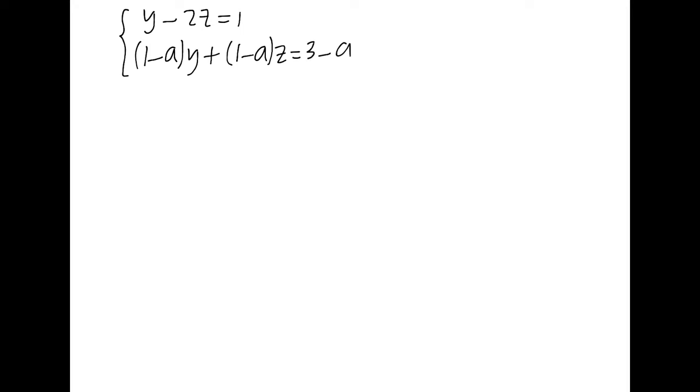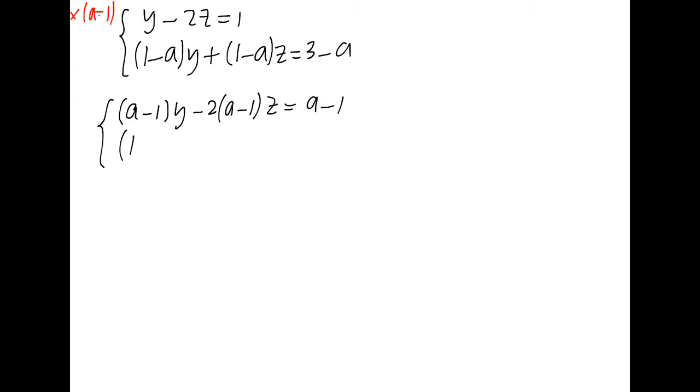Now we could use elimination for this, and we could multiply the first equation by a minus 1, since a minus 1 is the opposite of 1 minus a. So this leads me to the system a minus 1 into y minus 2 into a minus 1 into z equals a minus 1, and of course the second equation here.